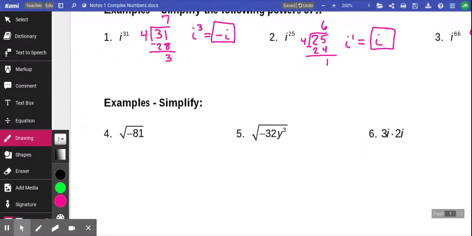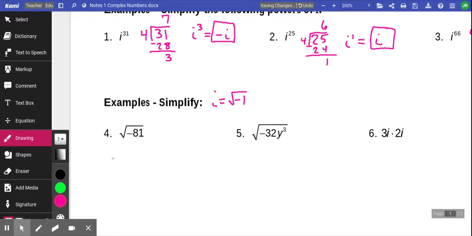All right, so now let's use our definition of i in order to simplify with some of these values. So if we have the square root of negative 81, type that into a calculator, it's not going to be able to do it for you. Desmos won't be able to do it for you. But we can reduce this after all if we use the fact that i is the square root of negative 1.